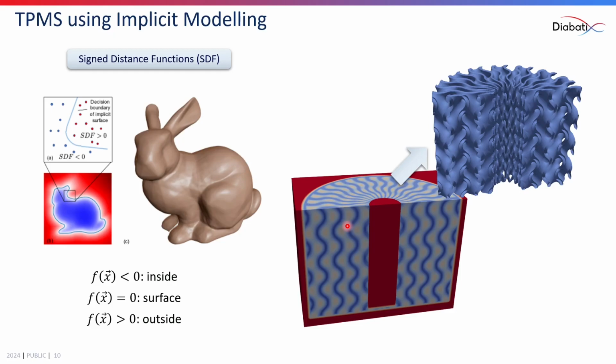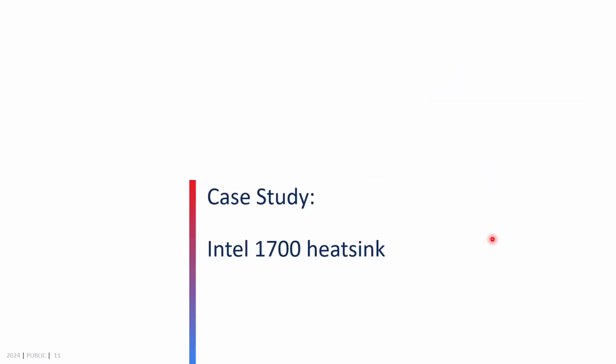Now, this brings me to the next section of our presentation, in which I'm going to talk about the case studies. We have a couple of case studies here. The first case study is about Intel 700 heatsink designs. In these heatsink designs, we are actually talking about CPU cooling.